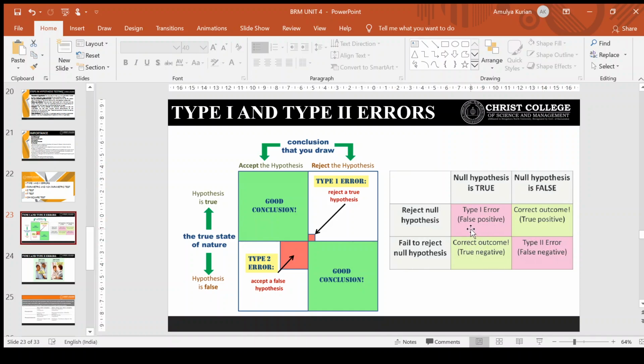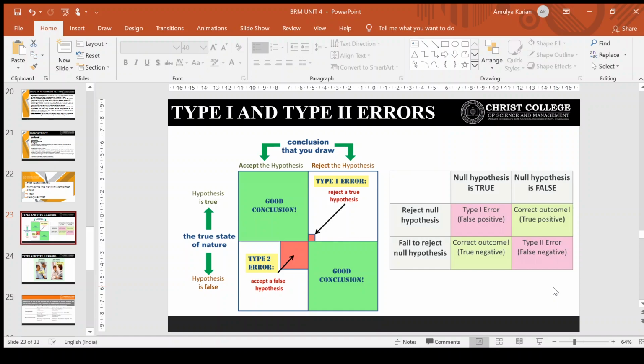Type 1 error is something where the null hypothesis is true and we are rejecting it, and the other one is when we are accepting the null hypothesis when it is wrong. So these are type 1 and type 2. So false positive is type 1 and false negative is type 2.